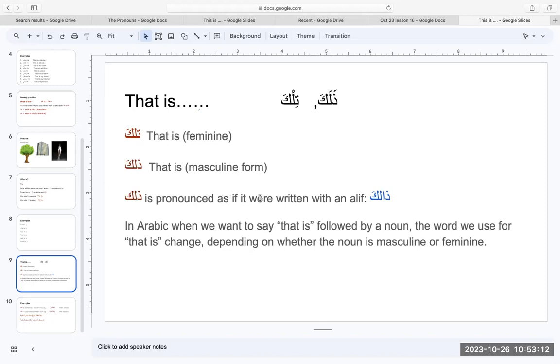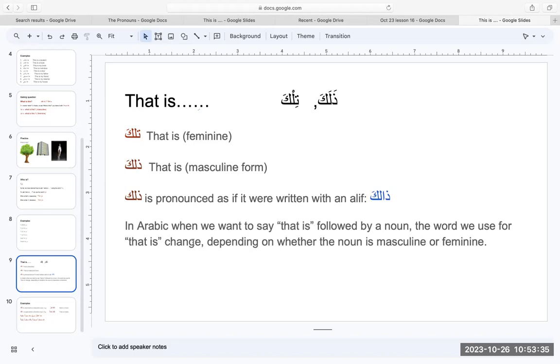ذلك is a pronoun, and there is no alif written in it. So please, guys, take care of these words, because it makes you a better learner, especially since a lot of Arabic speakers make mistakes with these. So be the better guy, okay?